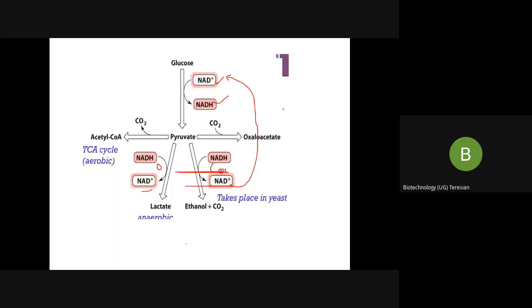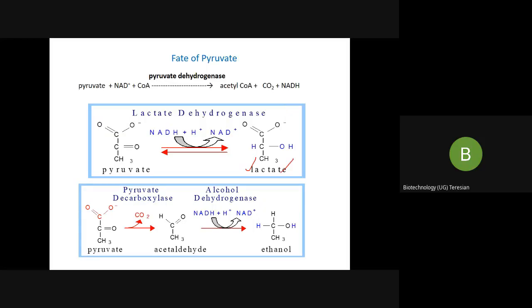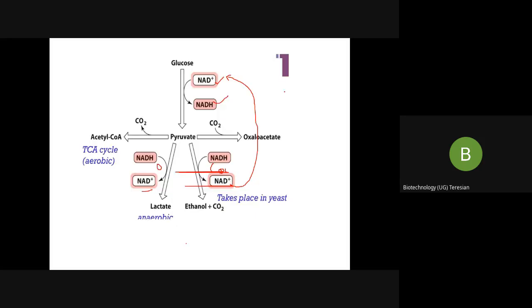In both lactate and ethanol, we can see that NADH is oxidized to NAD. So we know in glycolysis, in the 6th step, when glyceraldehyde is getting converted, NAD is reduced to NADH. Now in our body, what happens if there is a reduction in NAD?